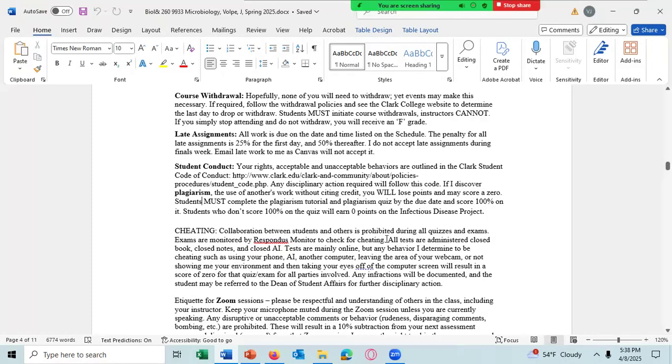Any questions about that? Cheating, collaboration between students, getting help from others is not allowed. All quizzes and exams are monitored by Respondus Monitor, so I will likely be able to find any cheating. So don't cheat when you're taking the exams. All exams are administered closed books, closed notes, and closed AI.